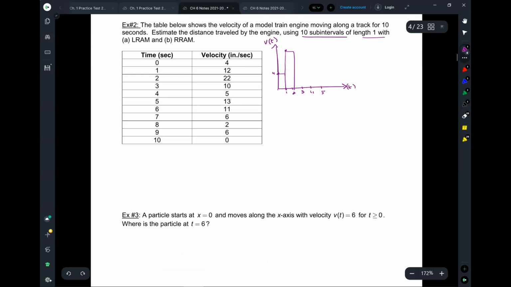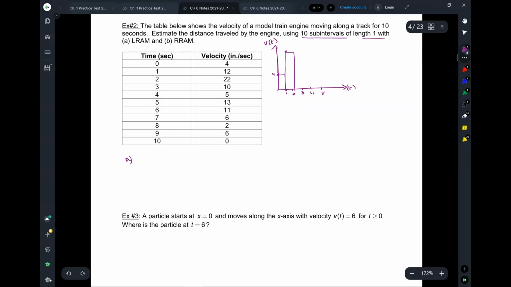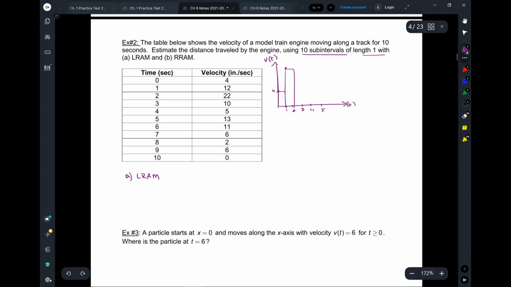So let's do a Lram. Okay. The intervals along the time axis is the length of each of the bases. So you see here from one to the other, it's an interval of 1 second. So your base is equal to 1. These are the respective heights here.